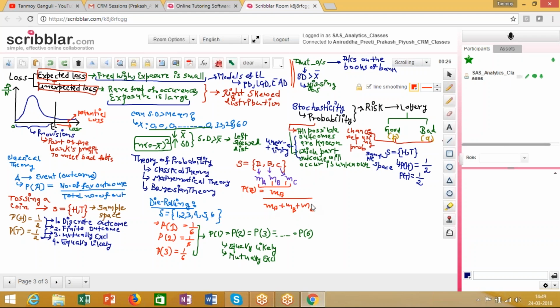Over here, if all these values are greater than 0, then this ratio is less than 1 but greater than 0. So the probability of an outcome can never be negative. When I talk about probabilistic events, I'm talking about outcomes which have chances of occurrence between 0 and 1.